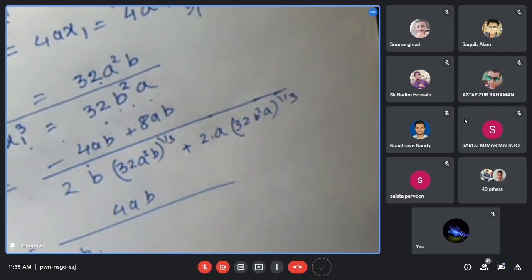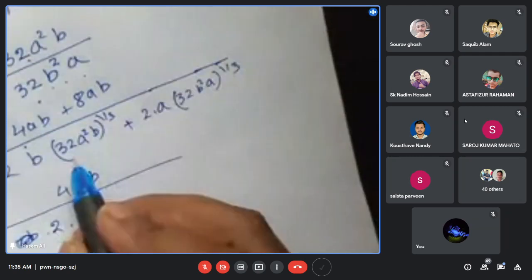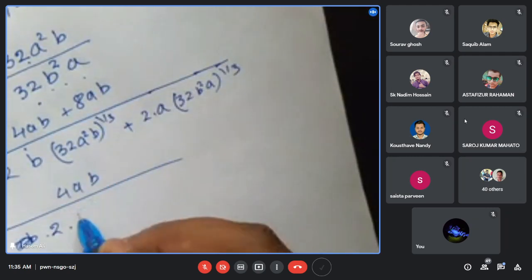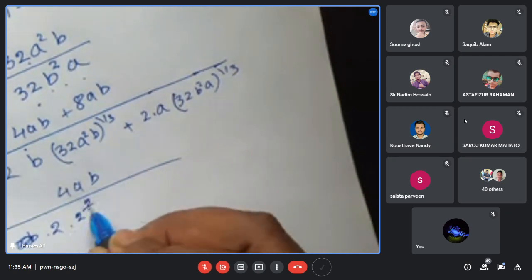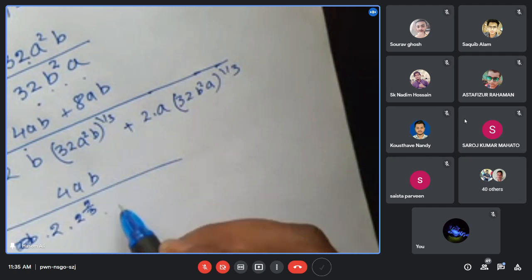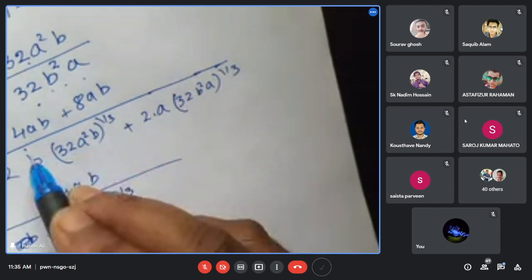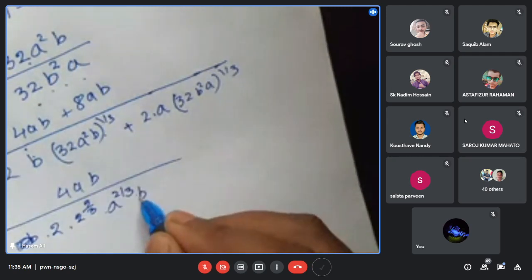So this is 2 into 32; 32 means 2 to the power 5, so 2 to the power 5 by 3. 2 into 2 to the power 5 by 3 into a to the power 2 by 3 and b to the power 4 by 3.